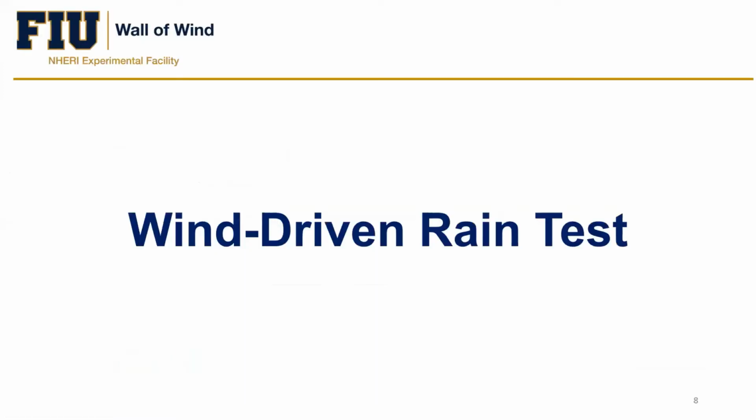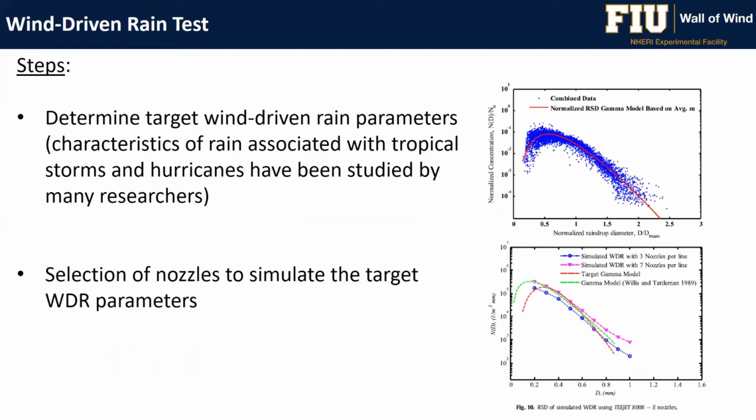The next group of tests is wind-driven rain test. Wall of Wind has this unique capability to introduce rain into the flow. The very first thing we need to do is obviously calibrate the flow field and rain field, basically, similar to what we do with the wind. How we do that, we have to determine the target wind-driven rain parameters.